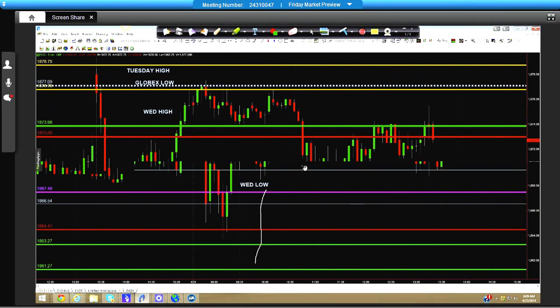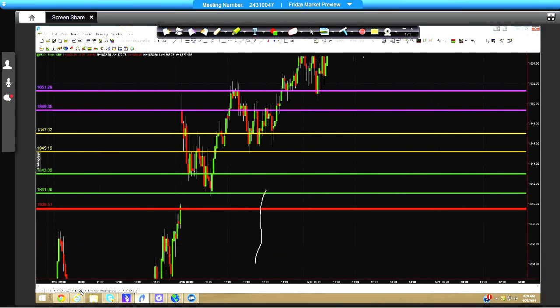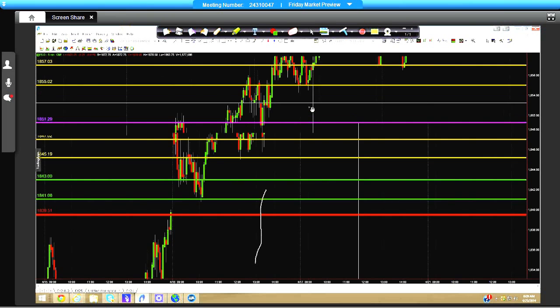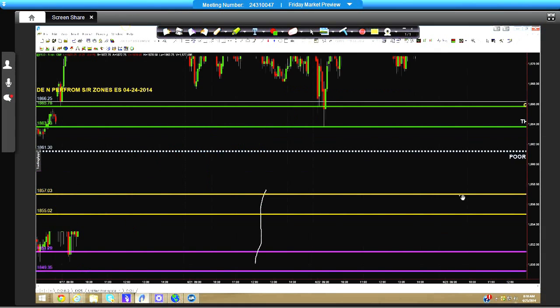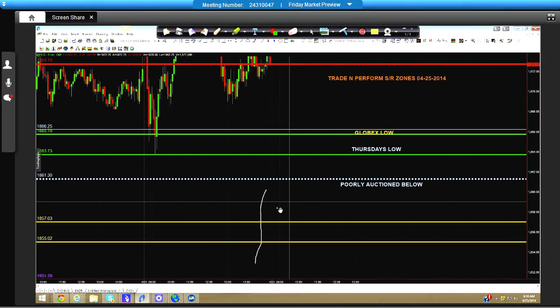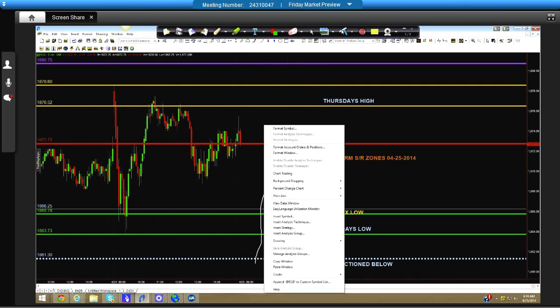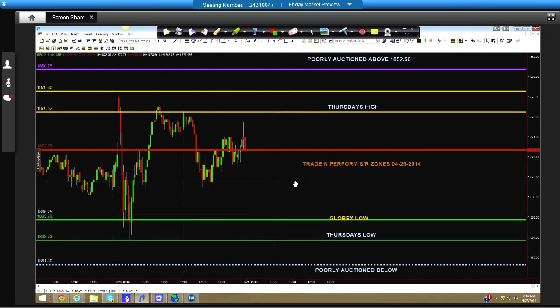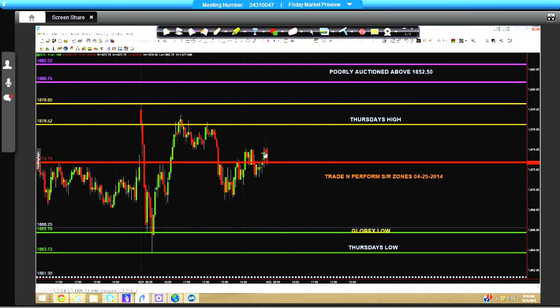The first area where we have structure, where the market will slow down, will be right in this area from here right down to here, okay?